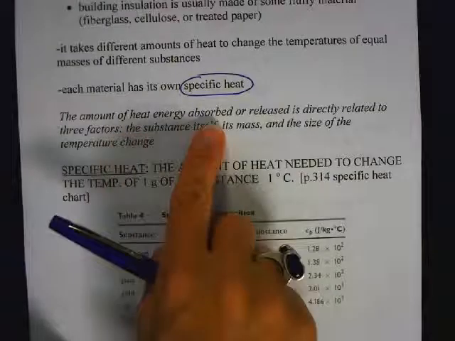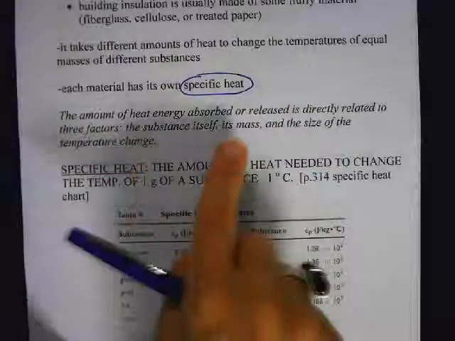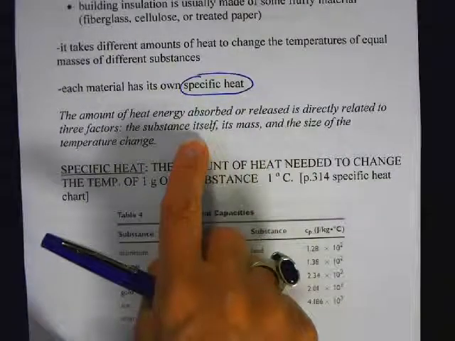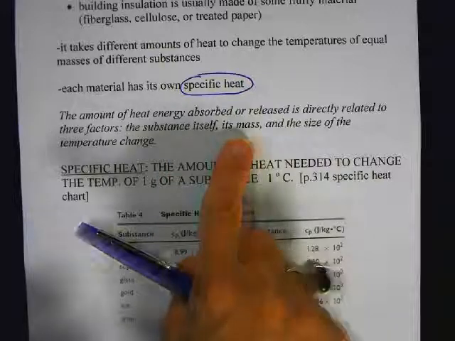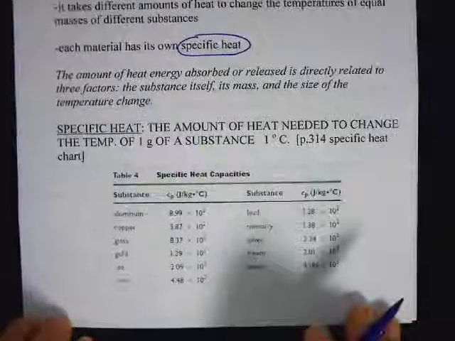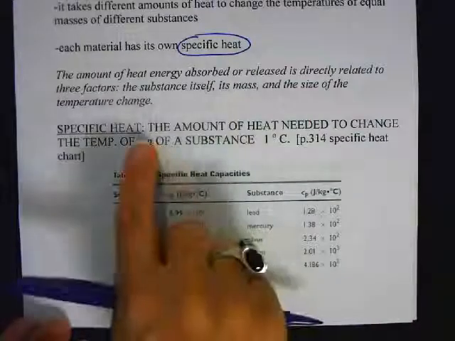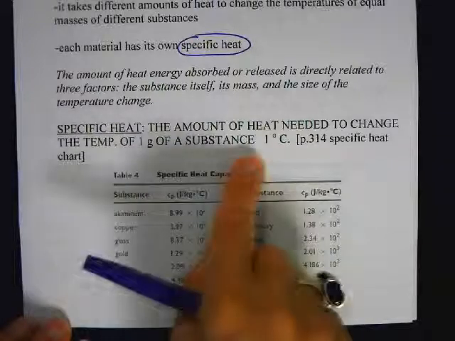Okay? So the amount of heat energy absorbed or released is directly related to three things. The substance itself, because that's its specific heat, which makes it unique, the mass of the substance, and then the temperature change. So what is specific heat? It's the amount of heat needed to change the temperature of 1 gram of a substance 1 degree Celsius.